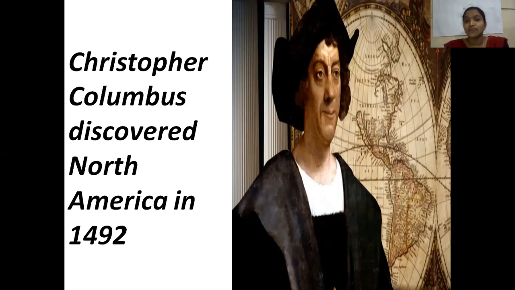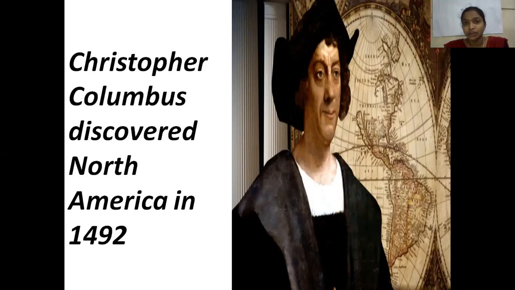He wanted to find the sea route to Asia, but he landed on the Caribbean islands, the islands that are near North America. So, in the process of finding the sea route to Asia, he discovered North America in the year 1492.